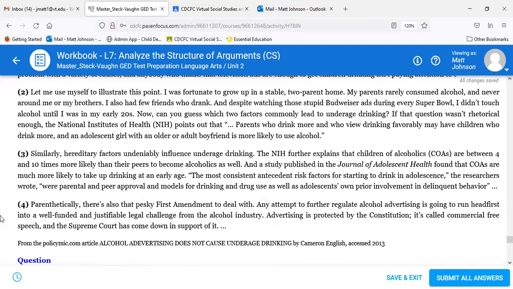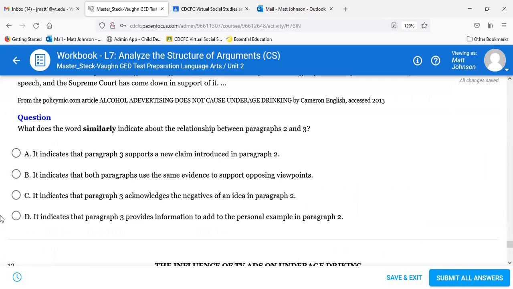Great. How about reading number 11? Okay. What does the word similarly indicate about the relationship between paragraph 2 and 3? A, it indicates that paragraph 3 supports a new claim introduced in paragraph 2. B, it indicates that both paragraphs use the same evidence to support opposing viewpoints.